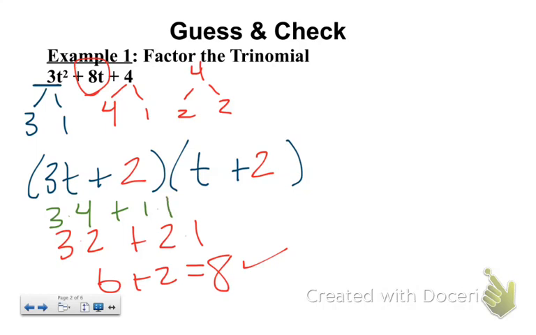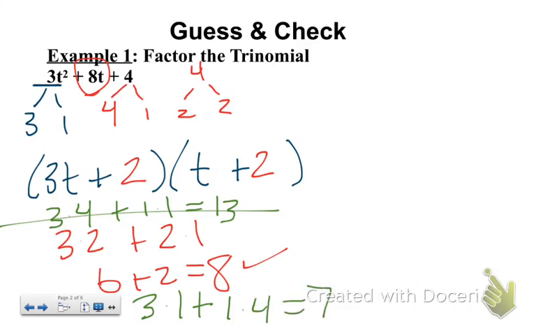Well, 3 times 4 is 12, plus 1 is 13, so that's not it. Or it also could be 3 times 1 plus 1 times 4. Well, 3 times 1 is 3, plus 4 is 7, so that's not it either. But I did guess right on the first try, so it is 3t plus 2 times t plus 2.